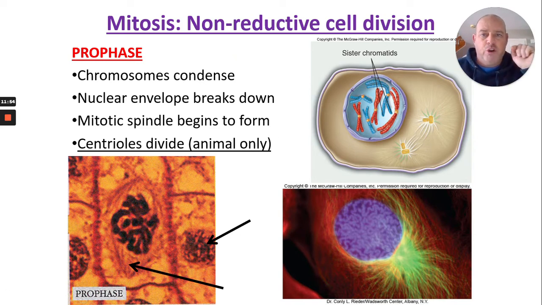They go from chromatin, which is unwound, spaghetti-like DNA that's all tangled in the nucleus, and now it starts condensing and they get really short and they look like those X's that you usually see. The nuclear envelope breaks down because we're going to have to do some copying and make another cell, so we've got to break down the nucleus. The mitotic spindle begins to form, and centrioles divide only in an animal cell.